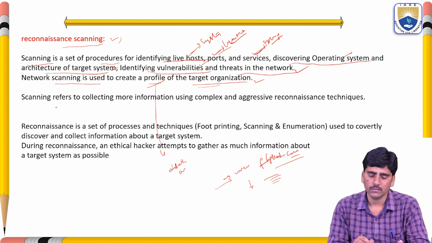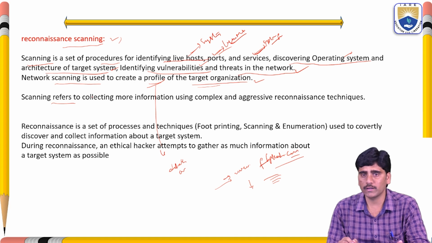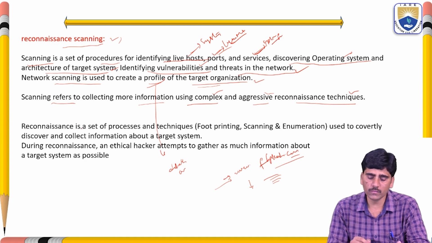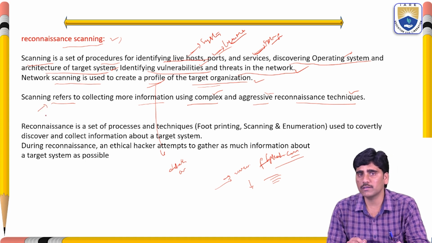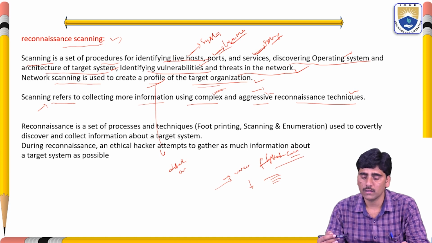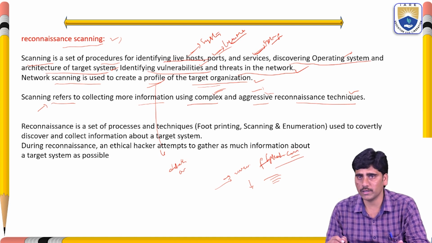So scanning refers to collecting more information using complex and aggressive reconnaissance techniques. By doing the scanning, you will get the information in a complex way, an aggressive way, or a simple way. Some of the scanning techniques display only basic data.